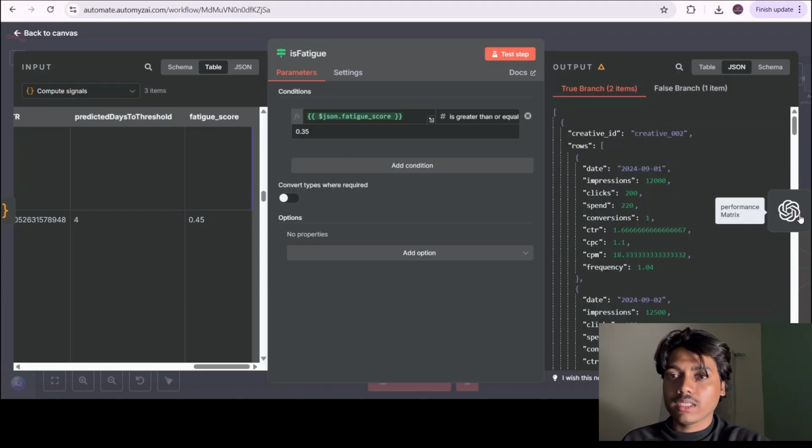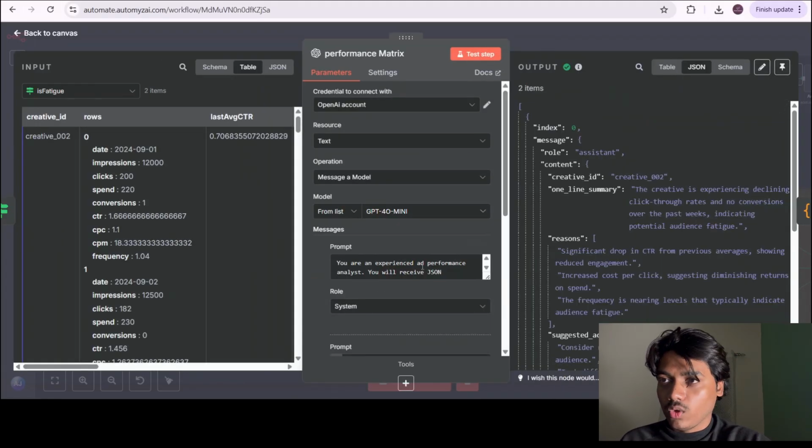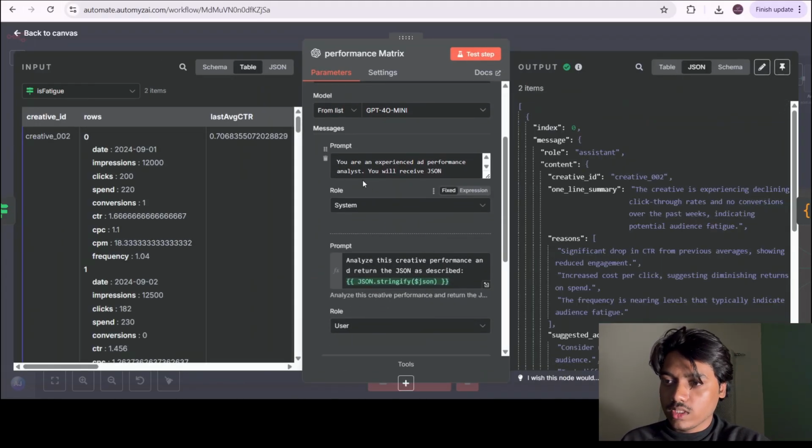So we are passing this data to the OpenAI node. This is the prompt which we have given: you are an experienced ad performance analyst and you will receive a JSON summarizing a creative's recent performance metrics and time series. We have given it the fields that it needs to give us as output.